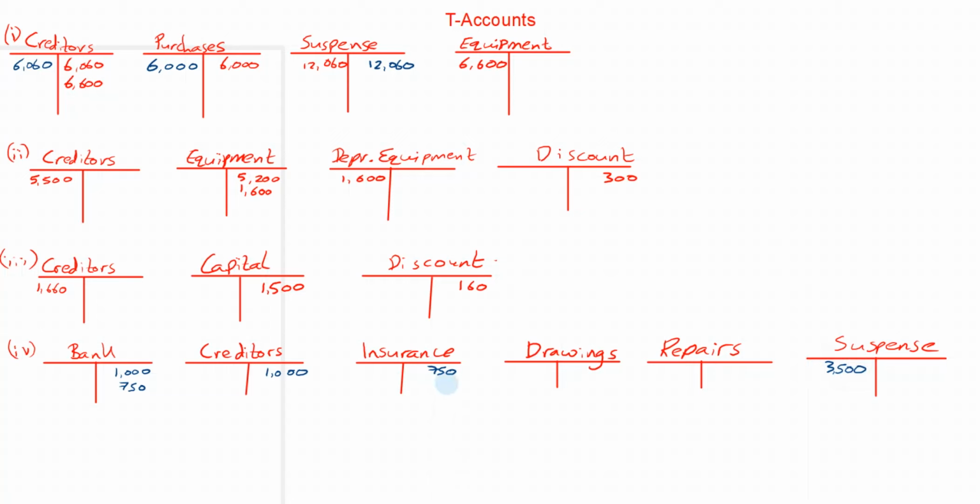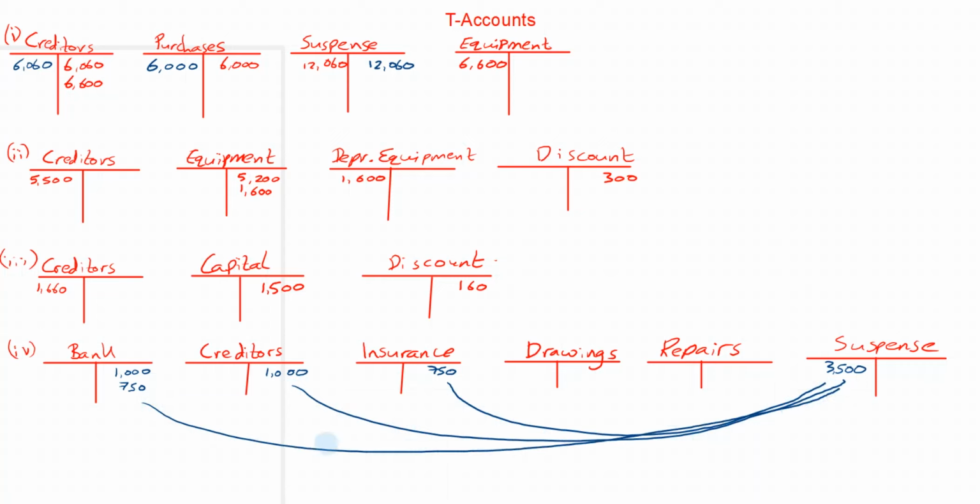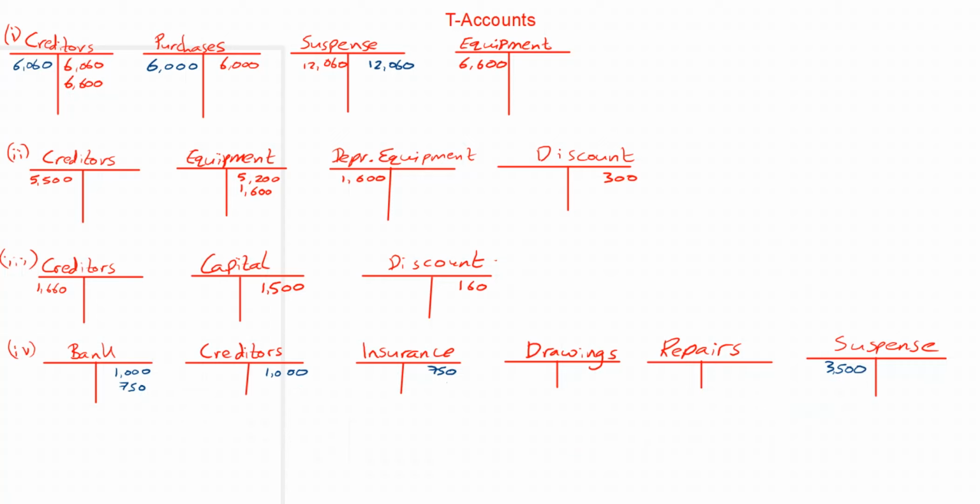That makes sense. So this has double entered into here. This is double entered into here. This is double entered into here. So they've all double entered into the debit side of suspense. Now, so the bank figures are correct, so we don't have to change the bank figures.